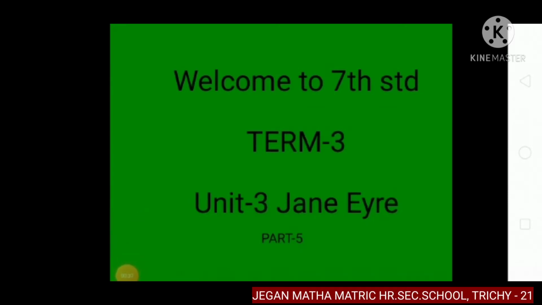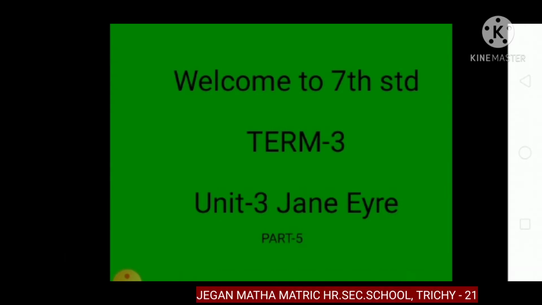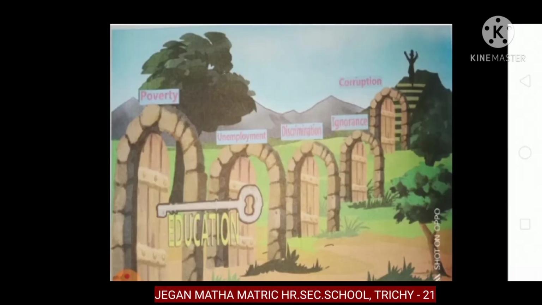Jane Eyre is a novel written by Charlotte Bronte in 1847. The novel follows the story of Jane, a seemingly plain and simple girl, as she battles through life struggles.